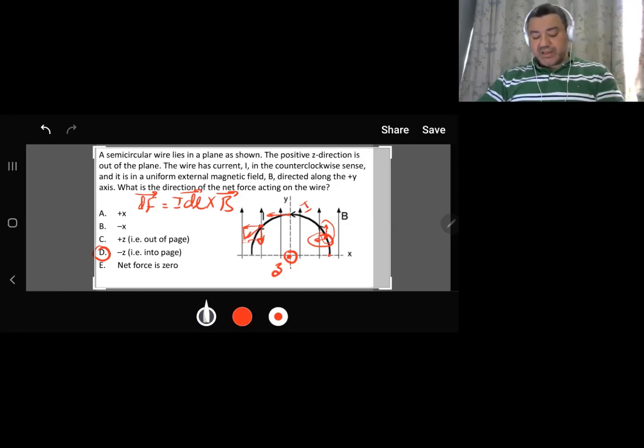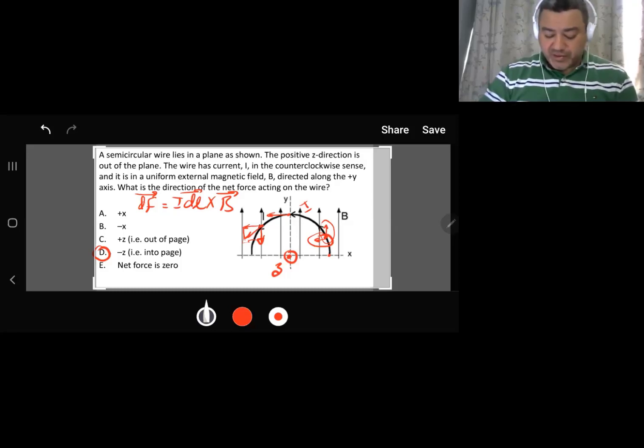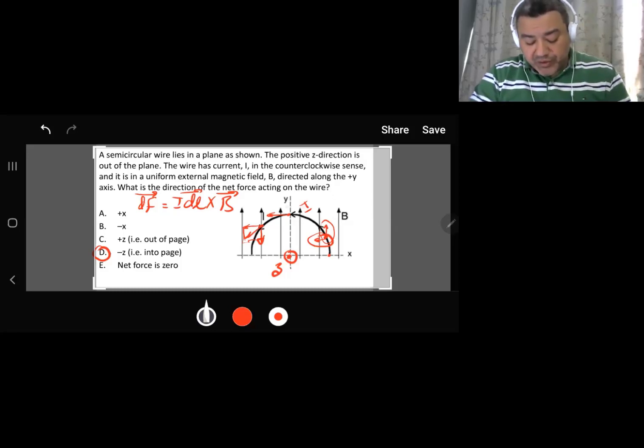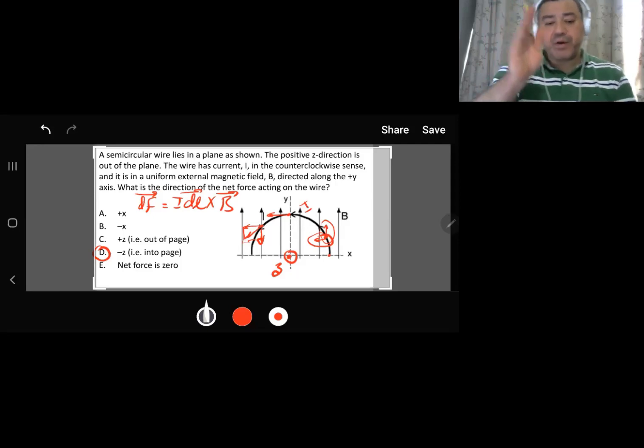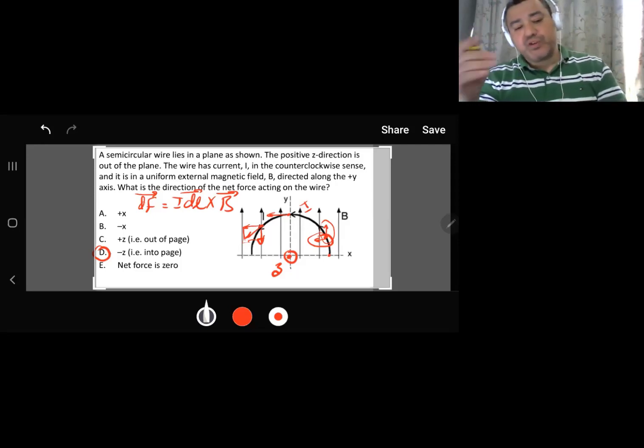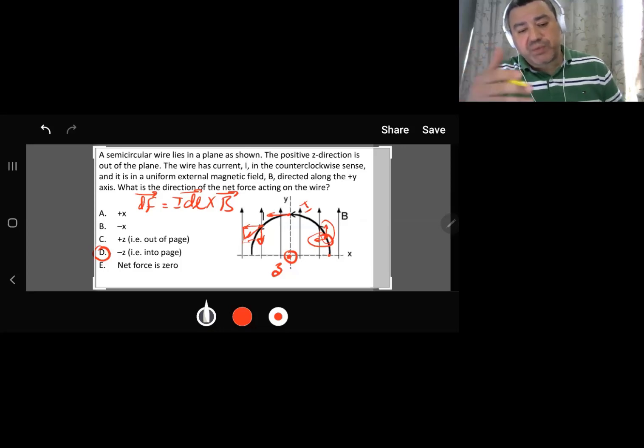It's not that they cancel out, Muhammad. The vertical component in the first half is pointing upward, which means it's parallel with the magnetic field, so it contributes no force, because the cross product between them will be zero.